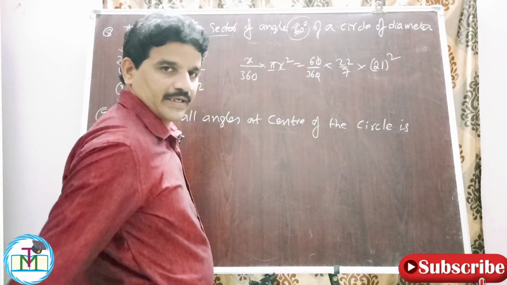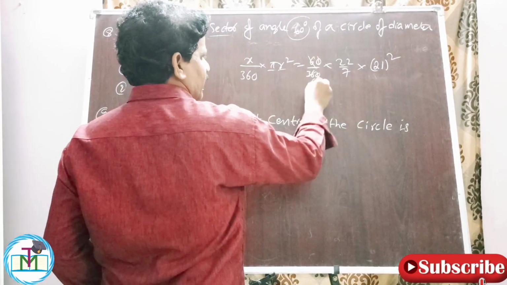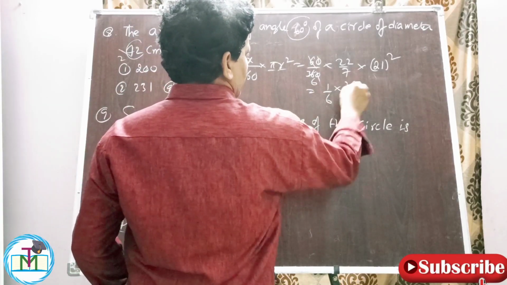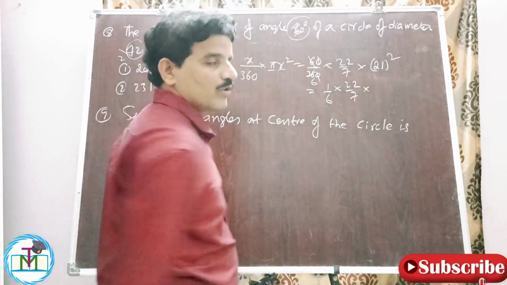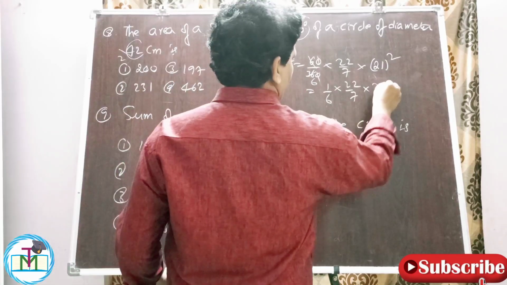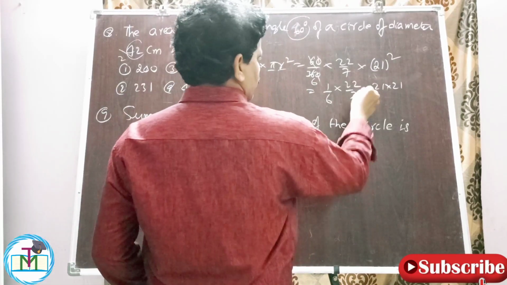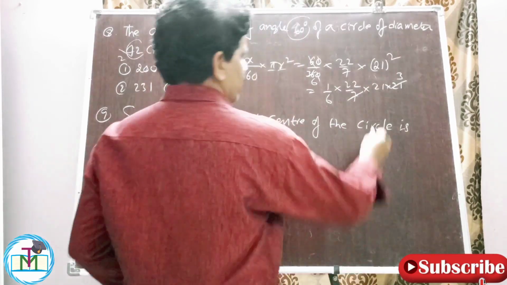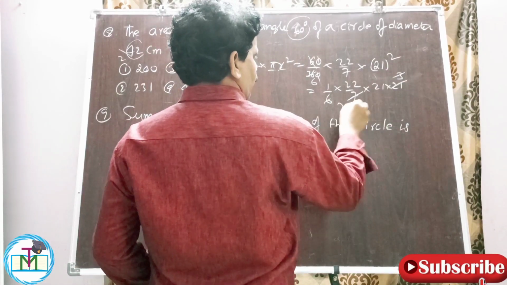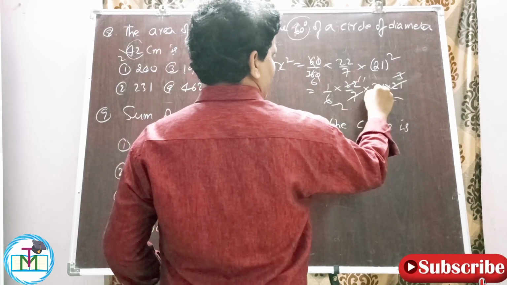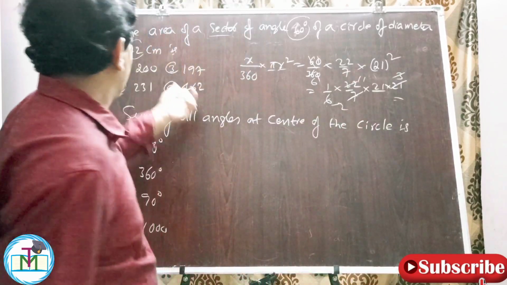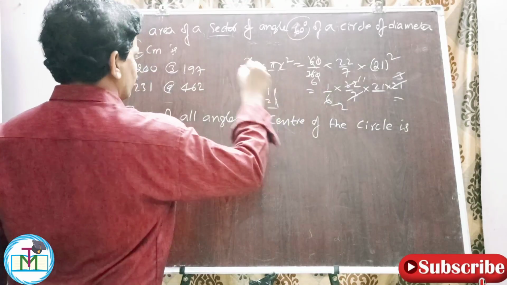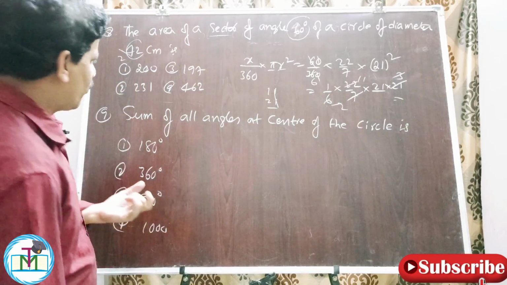0 cancel, 6 goes 6 times. So here 1 by 6 into 22 by 7 into 21 whole square, means 21 into 21. 7 goes 3 times. Now 3 goes 2 times, 2 goes 11 times. 11 into 21. 1 into 1, the unit digit we should get is 1.